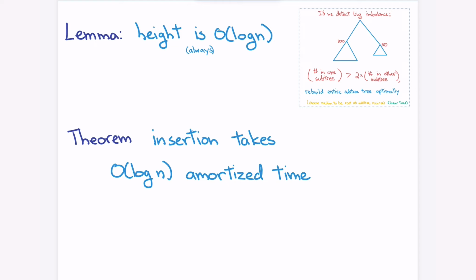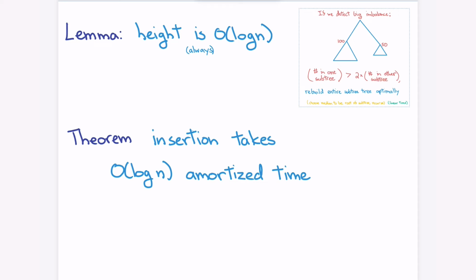Now when you insert a key, the height's not the only issue. It's true that you can find out where the key should go initially in log n time, but then inserting that key may tip the scales a little bit too much, and you have to rebuild some stuff. So you don't get log n for free, but we'll argue that it takes log n amortized time, which is what you're hoping for. That's the goal.